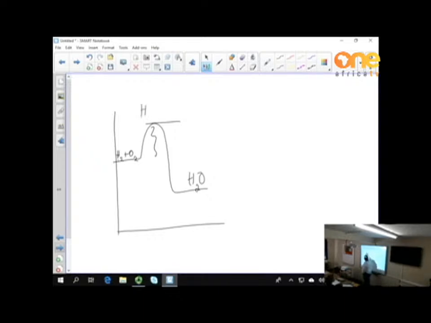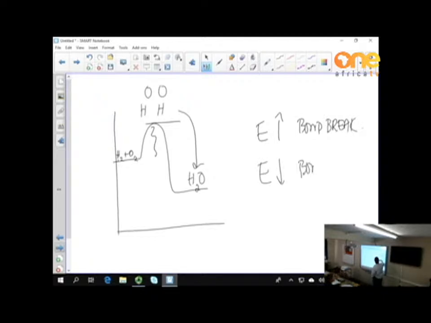So I end up with hydrogen atoms and oxygen atoms. Now they can collide with each other, and when bonds are made, energy is given off. So we use energy during bond breaking, and energy is given off in bond making.